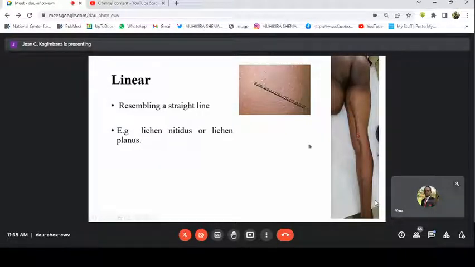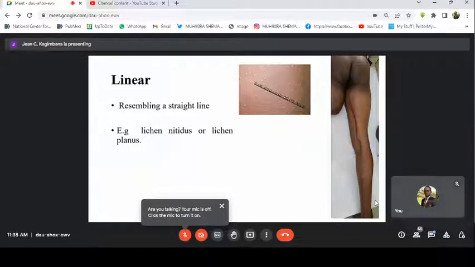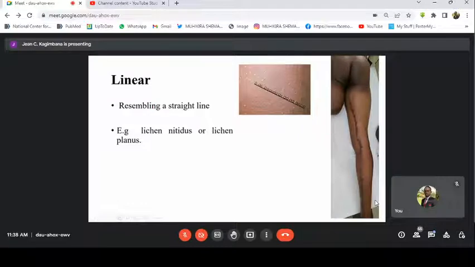We may say hyperkeratotic linear lesion, or we may say hyperkeratotic pigmented, because it's black, linear lesion from the right foot up to the base of the buttock.